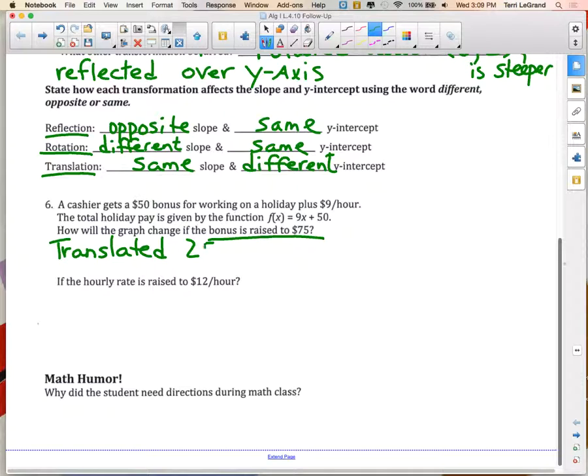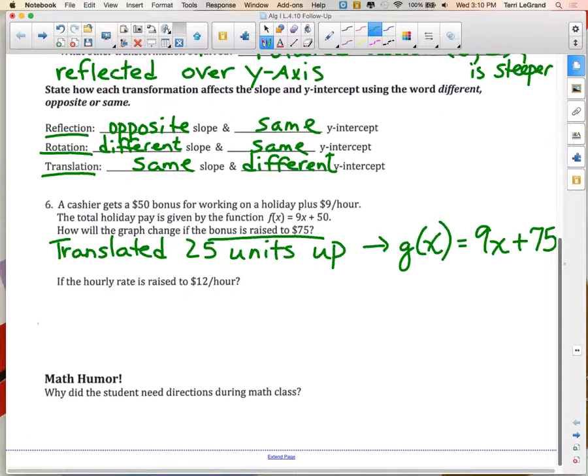Translated 25 units, also known as dollars in this case, up. The bonus increased, didn't it? The y-intercept increased. Well, remember I asked you to try to write a g of x function for that. What would our function look like now? g of x equals 9x plus 75. Now you're getting a $75 bonus instead of a $50 bonus.